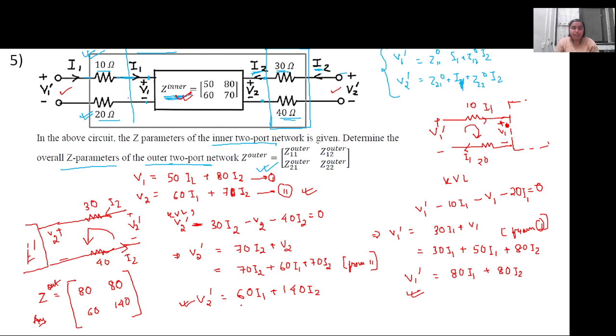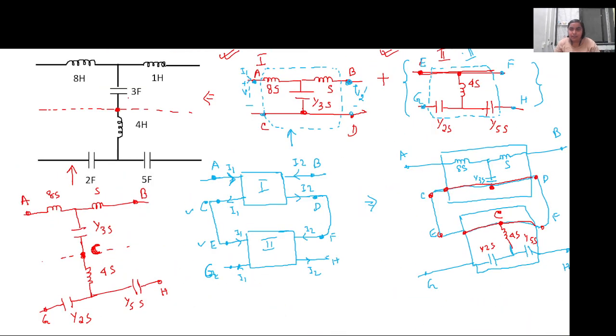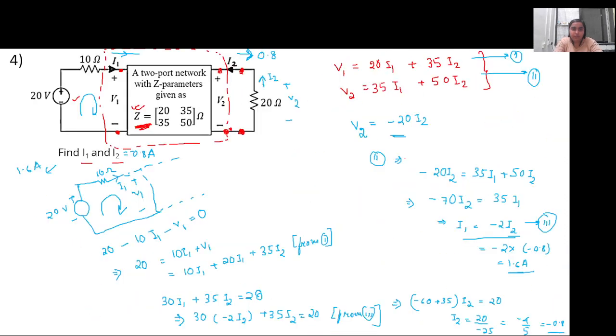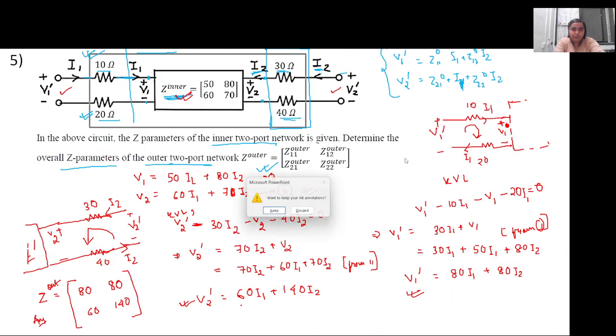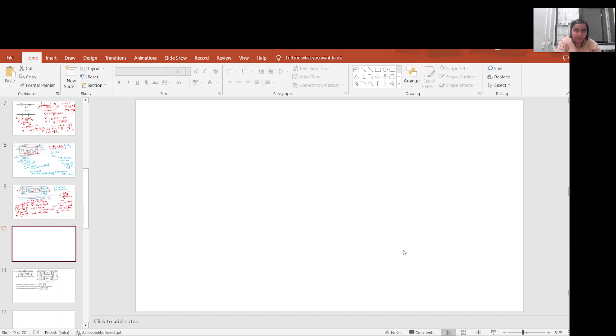In series, if you see, the series networks are connected in this way. Like this circuit, I'll redraw it.